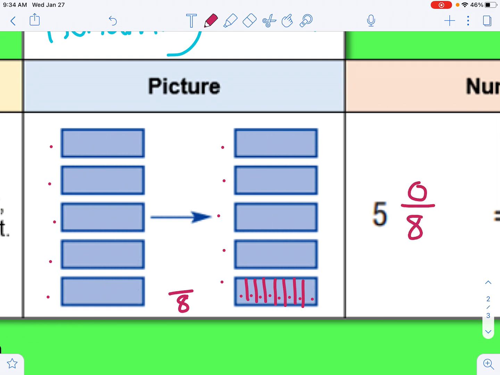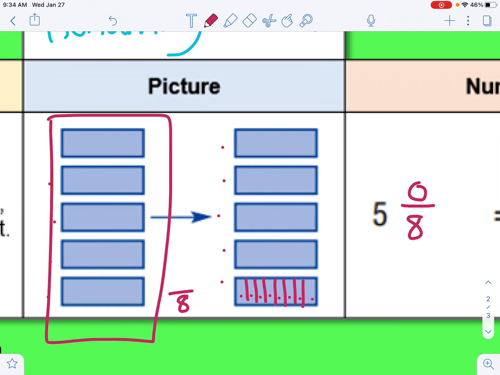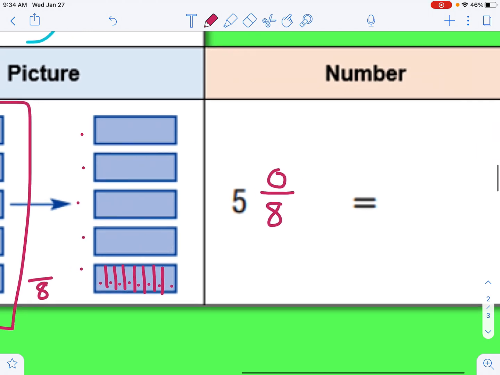So 5 and 0 eighths. Looking at this picture, I have 5 wholes. I don't have any fractions. 5 and 0 eighths is the exact same thing as 4 wholes and 8 over 8.